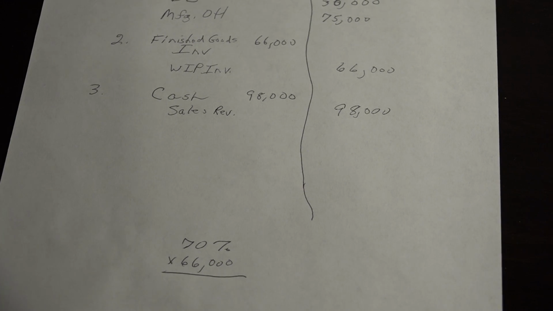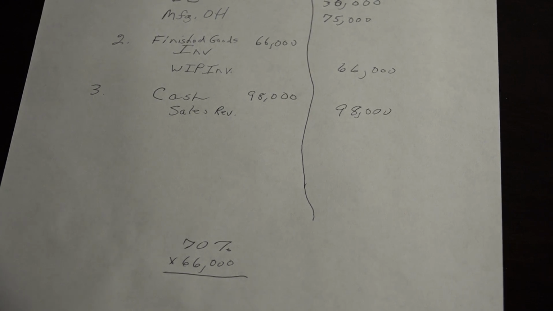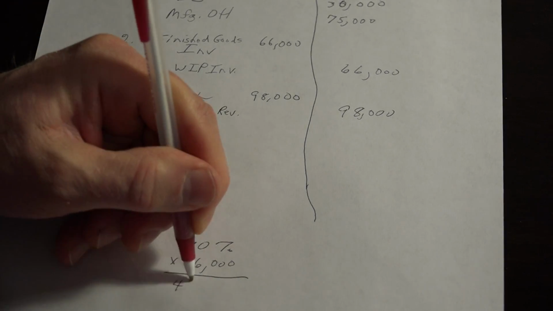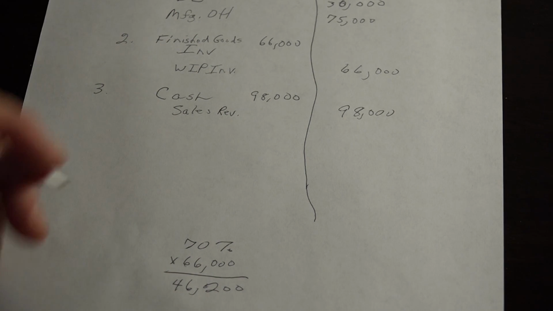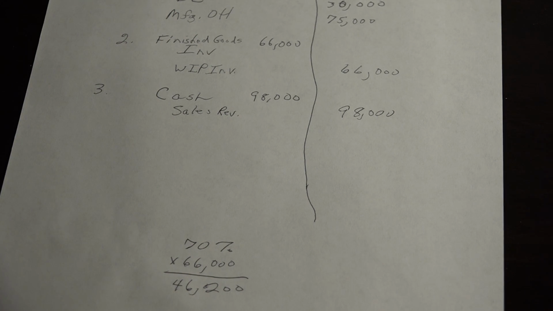I'm moving the paper down so you can see this. And so 70% of 66,000 is 46,200. So that's going to be our journal entry.